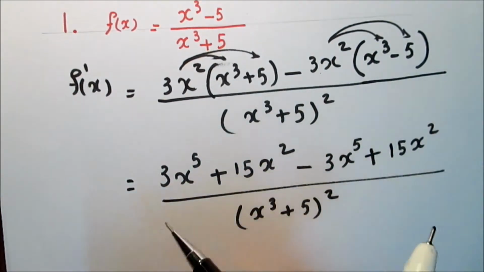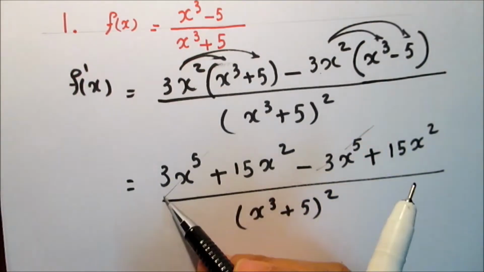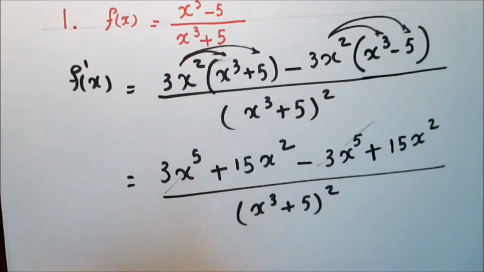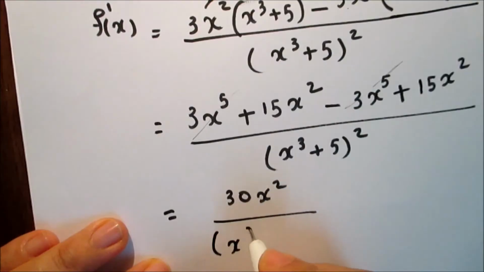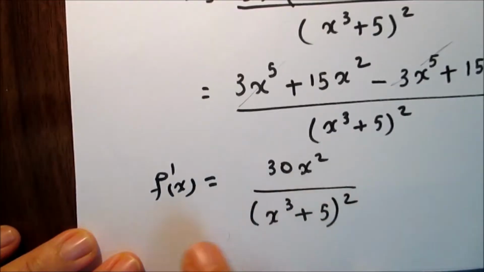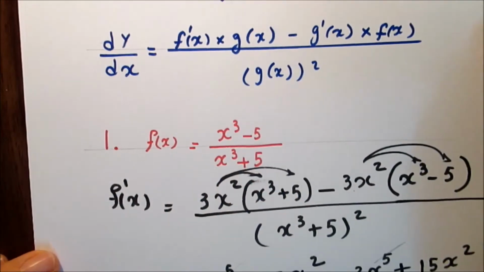Simplify by combining like terms, 3x to the power 5 minus 3x to the power 5 cancel each other, 15x squared plus 15x squared to be 30x squared, so 30x squared up and down, it's x cubed plus 5 all squared. This is f'(x), or the first derivative of the given function.